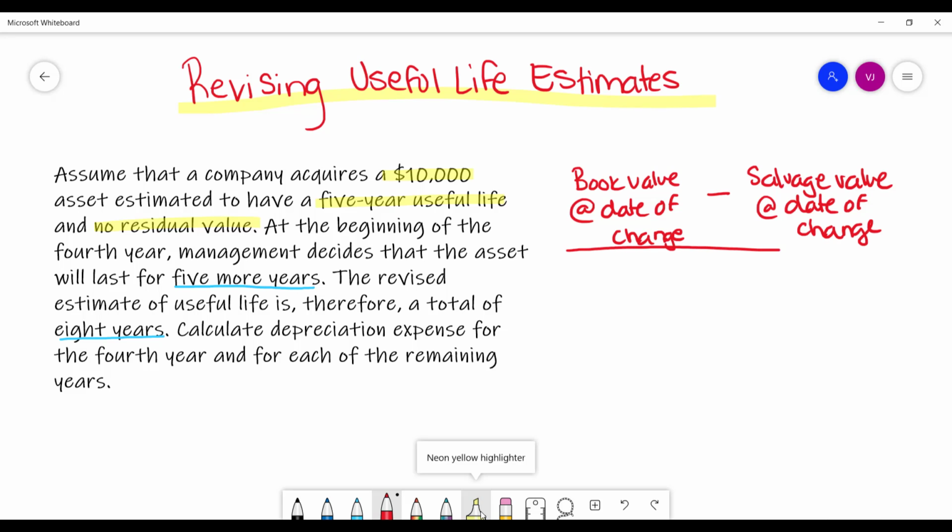And you're going to divide that by the remaining useful life on that date that the change is made. So first, we'd want to find that book value at the date of change.